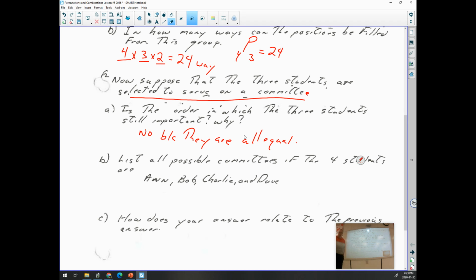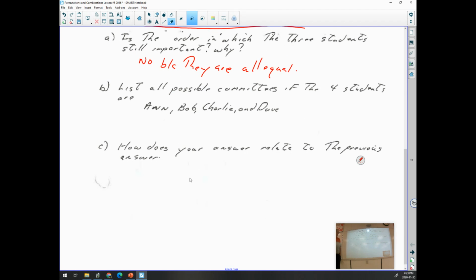Now, let's brute force this, where if we have 4 people, Ann, Bob, Charles, and Dave, how many different committees could we make? Now, here's a term I'm going to use a lot. How many groups of 3 can we make from these 4 people? Well, we could have Ann, Bob, and Charles, Ann, Bob, and Dave, Ann, Charles, and Dave.